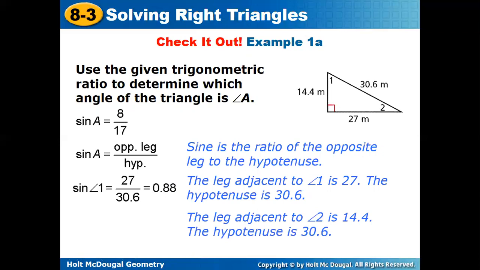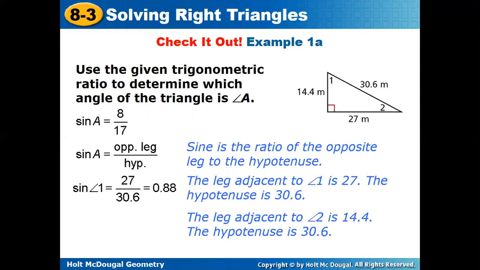Now, angle number 2. No, we don't need the adjacent. It's a mistake in the PowerPoint. The leg opposite to angle number 2 is 14.4, and the hypotenuse is 30.6.